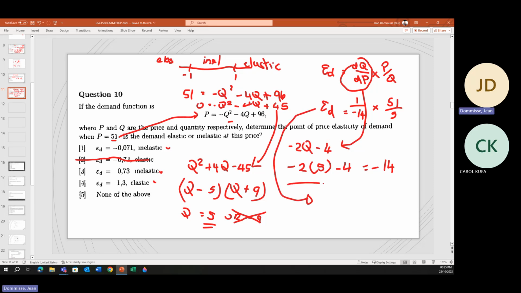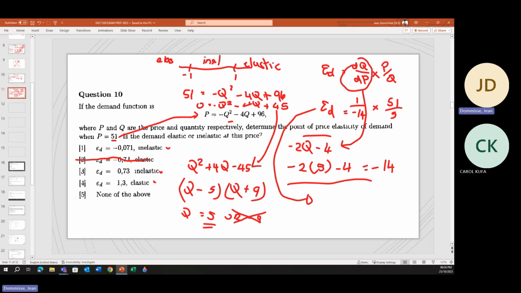Sorry, I've been now working here in a few different places. But 51 divided by 60 or negative 60. Sorry, I am again multiplying wrong.